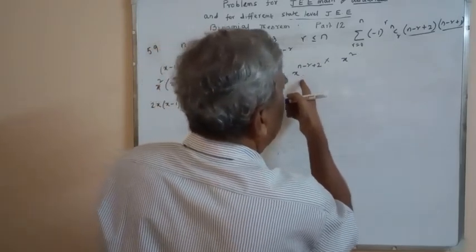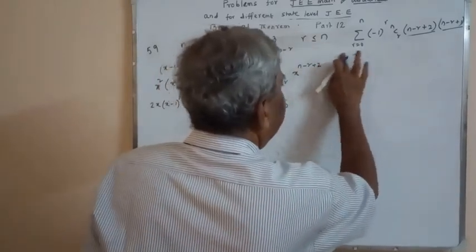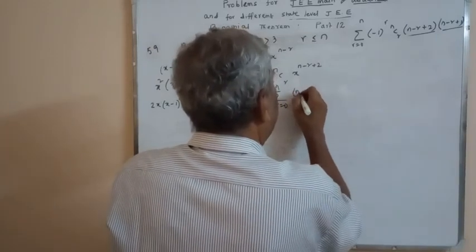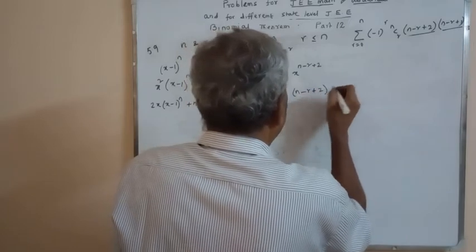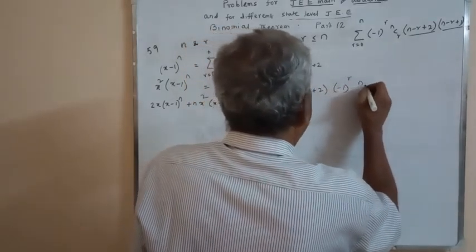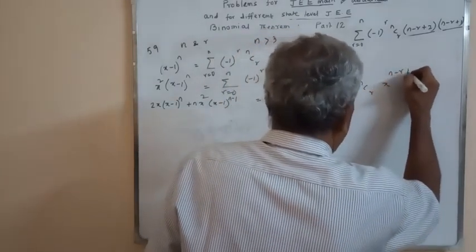Here only one term contains x, so this is equal to n minus r plus 2 into minus 1 to the power r into nCr into x to the power n minus r plus 1.